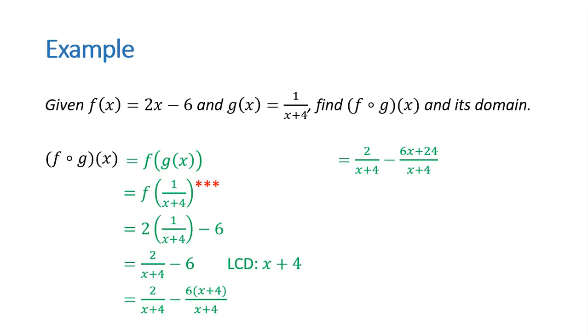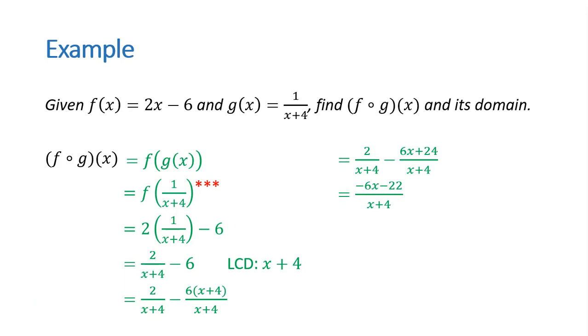You can think of that subtraction as kind of distributing. That's exactly what it's doing. It's distributing to the 6x and to the 24. So 2 minus 6x minus 24. We have a negative 6x, and then 2 minus 24 is negative 22. So our final answer is (negative 6x minus 22) over x + 4.